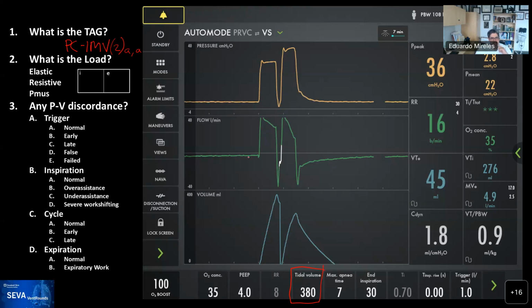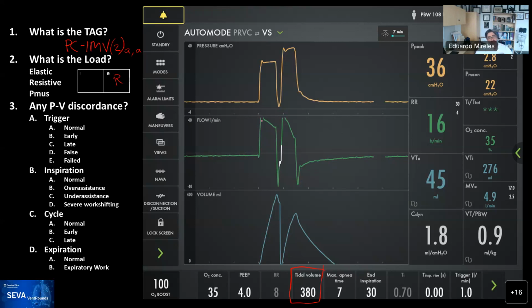So the flow is not reaching baseline. And when you see the expiratory time on the baseline, you again see exactly the same thing. The flow is taking forever to get to baseline. So immediately, just by looking at that, you know that this patient in expiration has very high resistance.